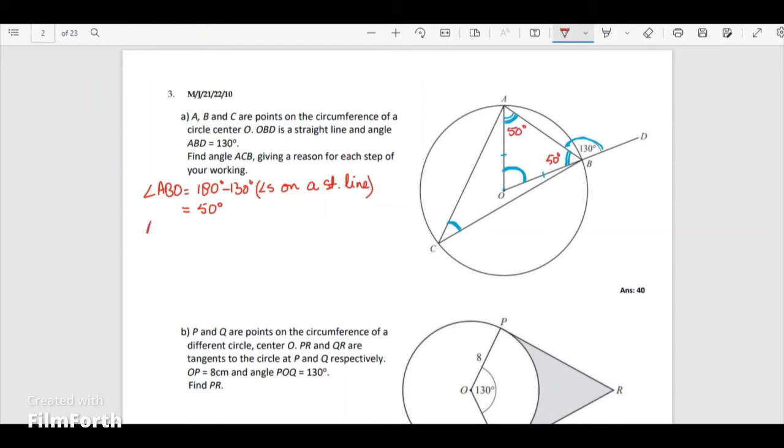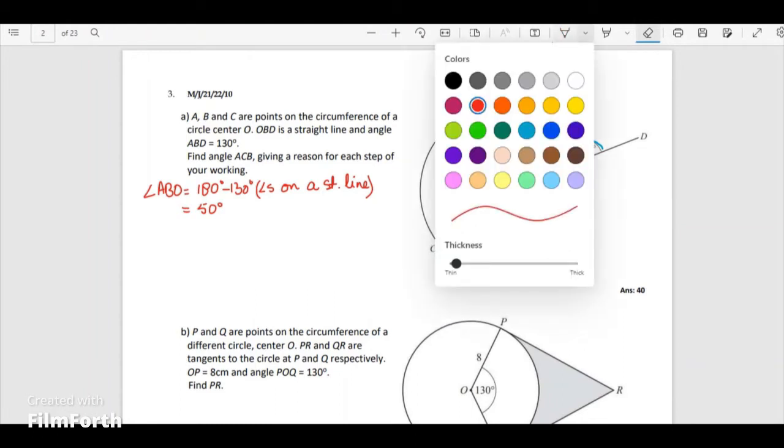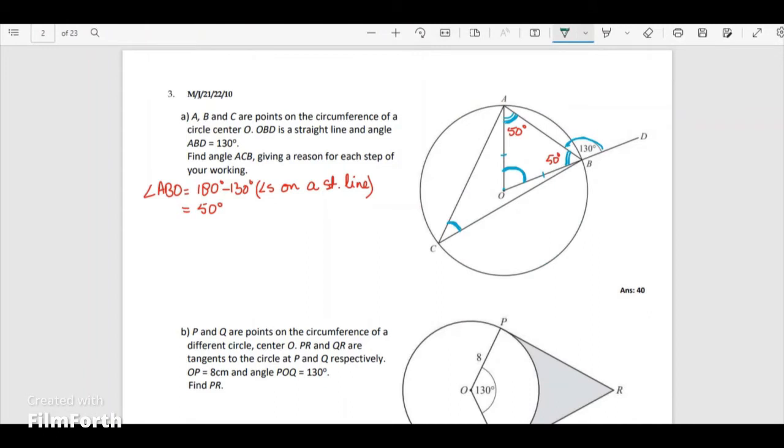So now, let's change the color first. Now I'm looking at triangle AOB, and I know that it is an isosceles triangle.